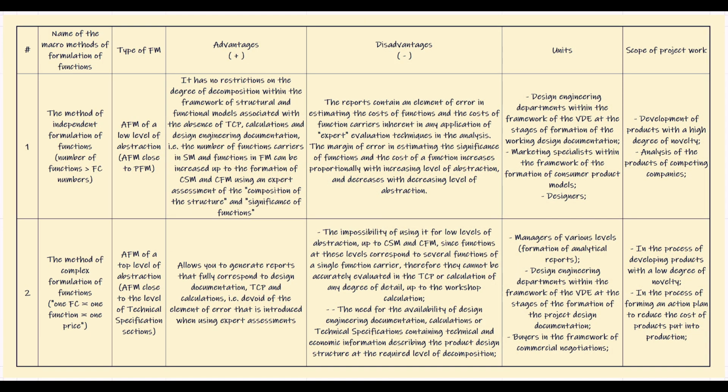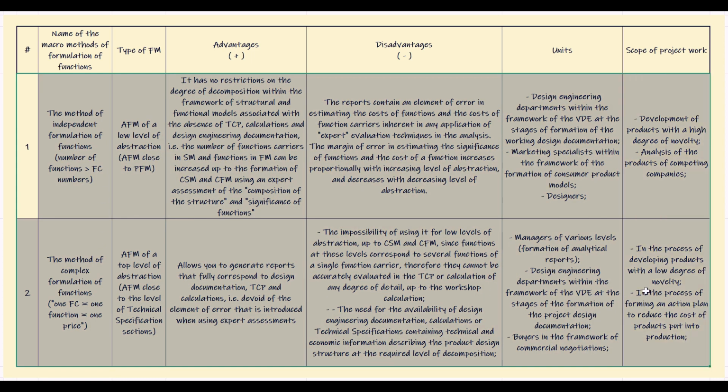I will formulate the definitions of these two approaches in the traditional text form, but will also present them in the form of a comparative table and comment on its contents.